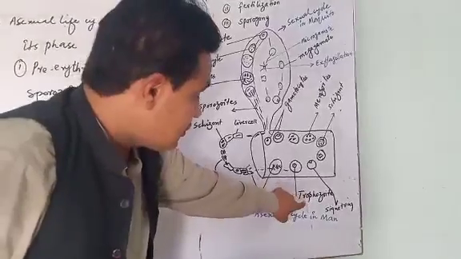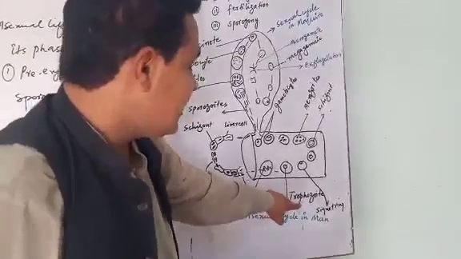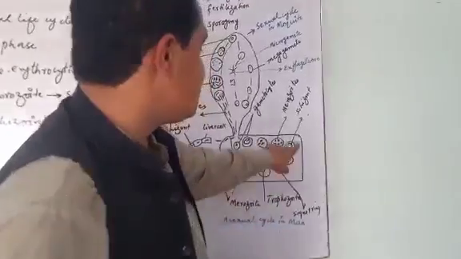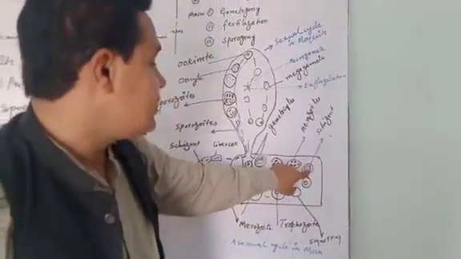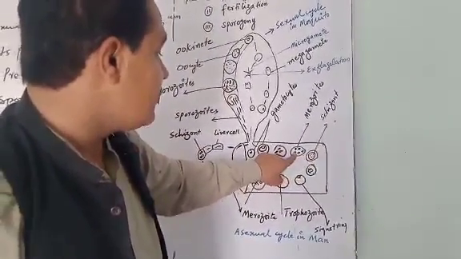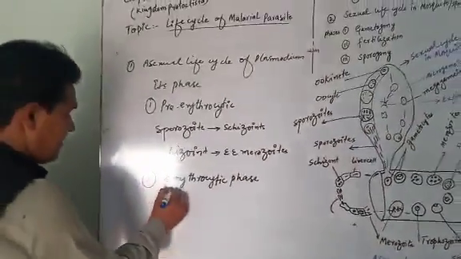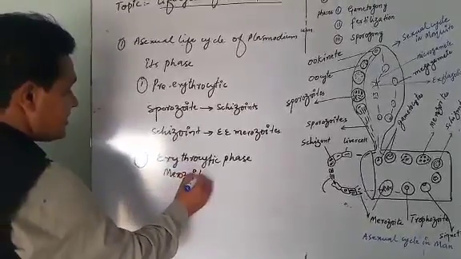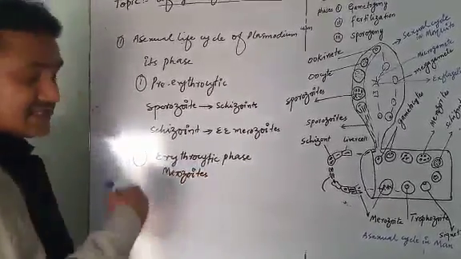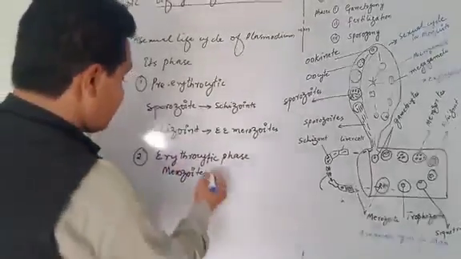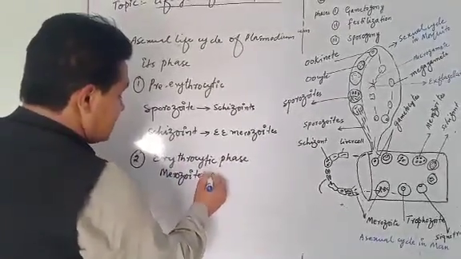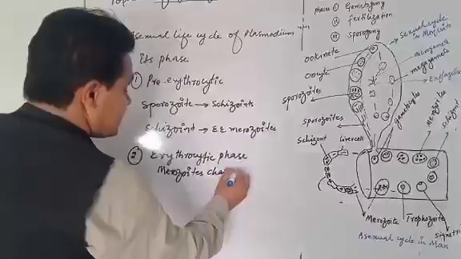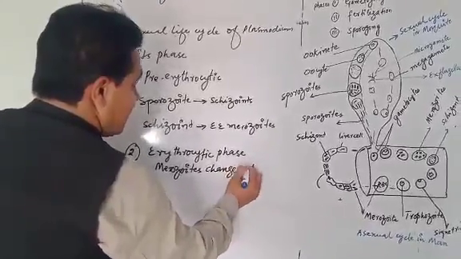Merozoite changes into trophozoite, then trophozoite changes into schizont, then schizont changes into merozoites. Merozoites are the stages of Plasmodium.